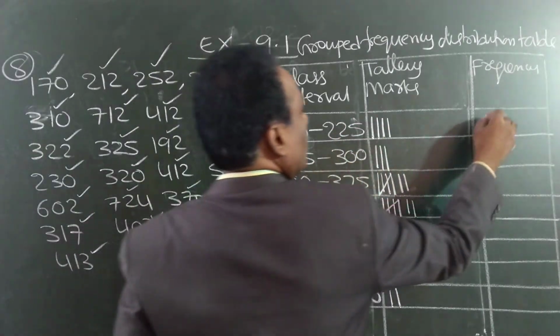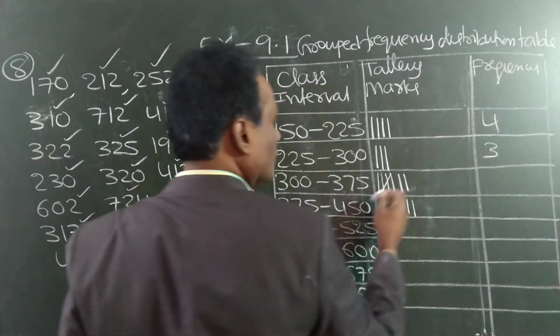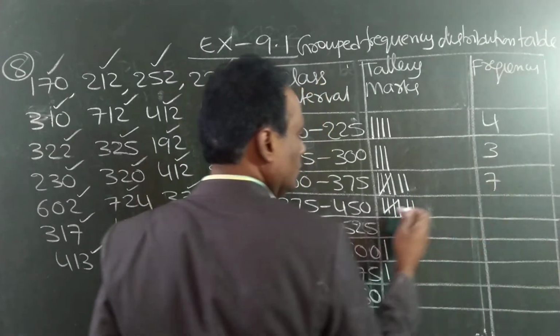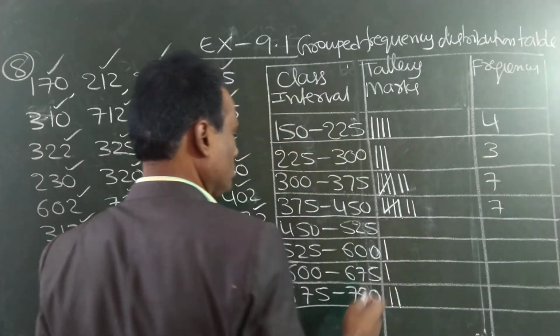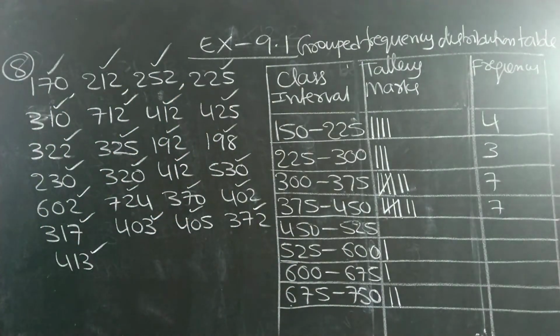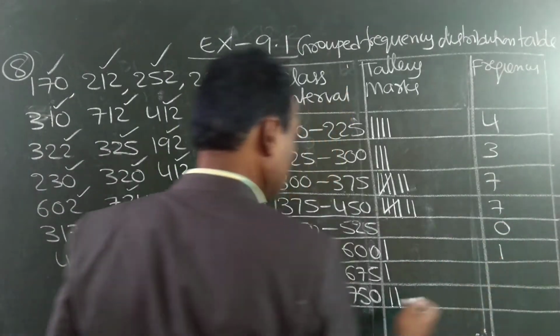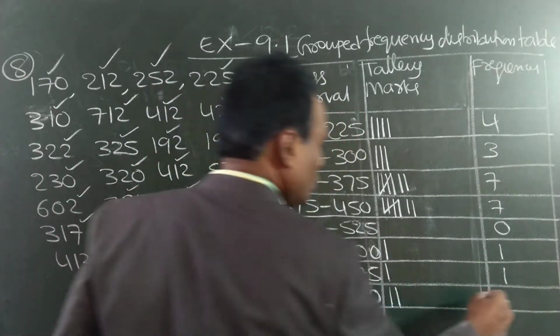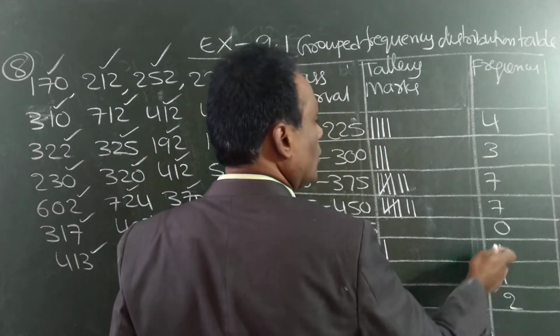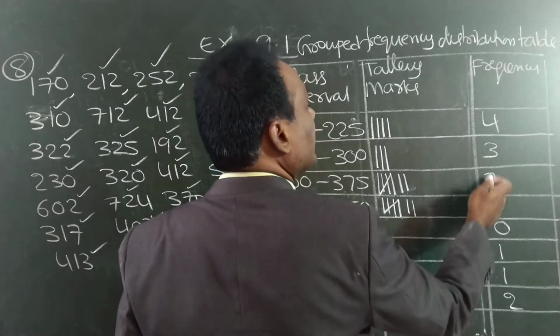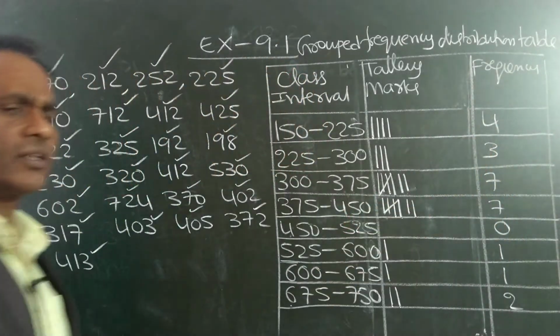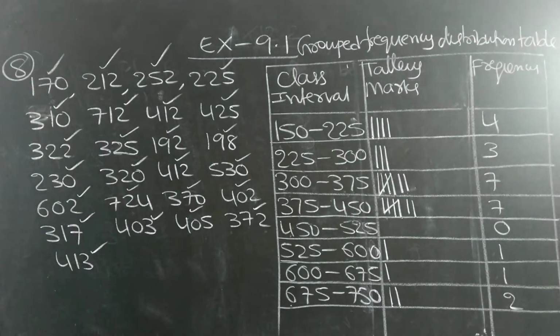Count 1, 2, 3, 4, 5 plus 2, 7. Here nothing, 0. 1, 1, 2. 2 plus 1, 3, 4, 11, 18, 21, 25. 25 over. Correct. Complete this table.